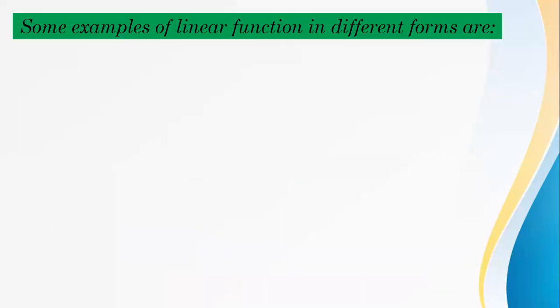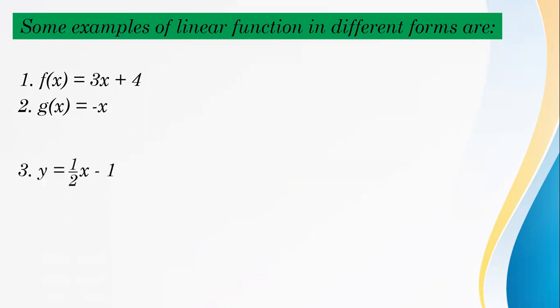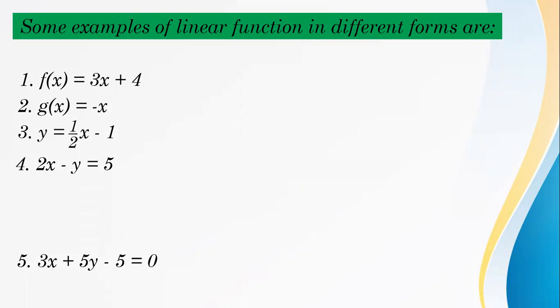Some examples of linear function in different forms are: number one, f of x equals 3x plus 4; number two, g of x equals negative x; number three, y equals 1 half x minus 1; number four, 2x minus y equals 5; and number five, 3x plus 5y minus 5 equals 0.